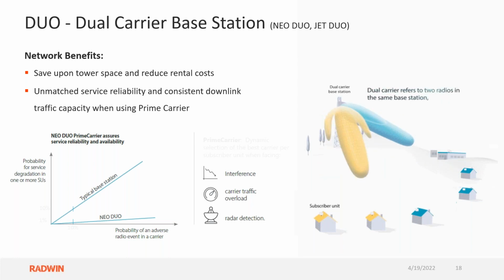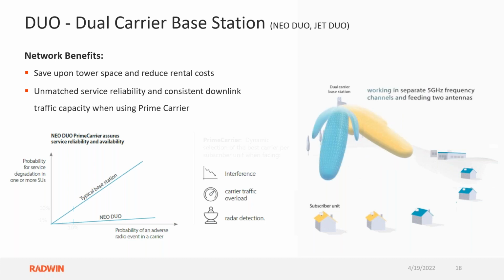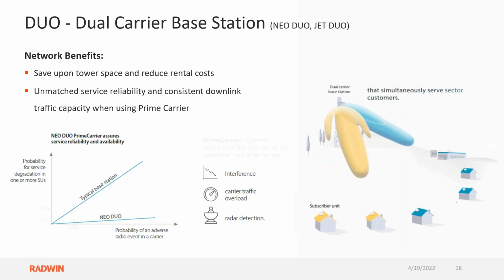So when the radio detects that there's a radar that has started up, the radio has to move off those channels, and a lot of times it's going to move up to, let's say, the 5.2 or the 5.7 band. Because you've got that built into the Duo system, it will switch these subscribers over automatically, and then once the radar stops or the channel frees up, all those devices will flip back again. So it's kind of a nice fallback.